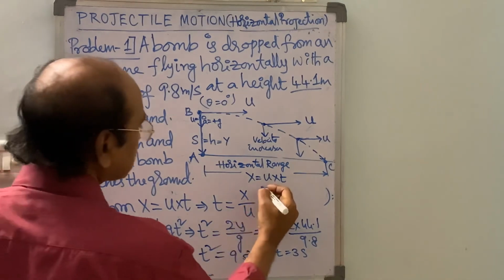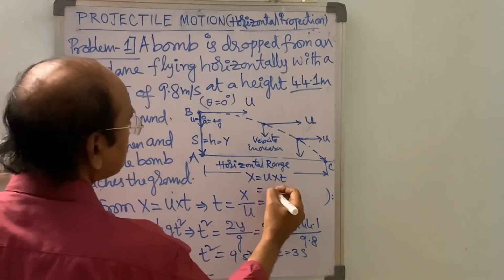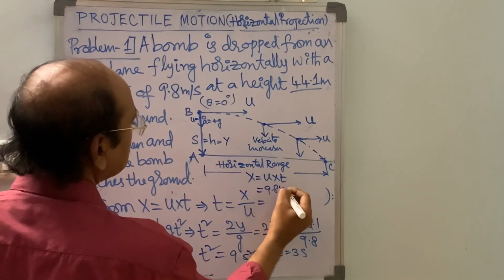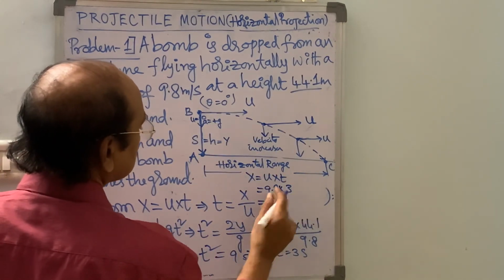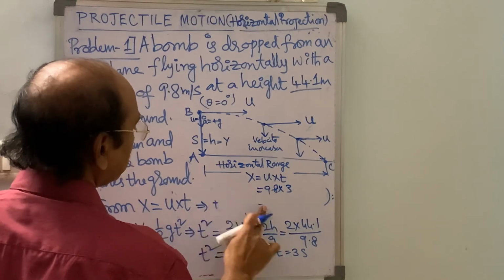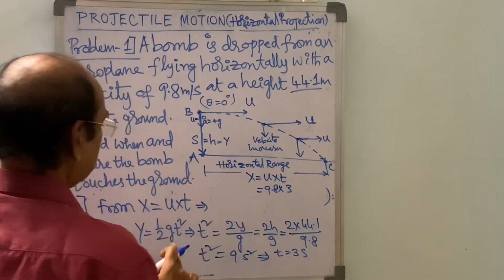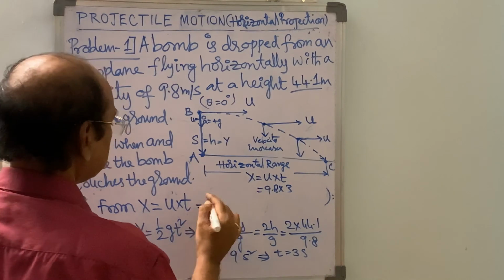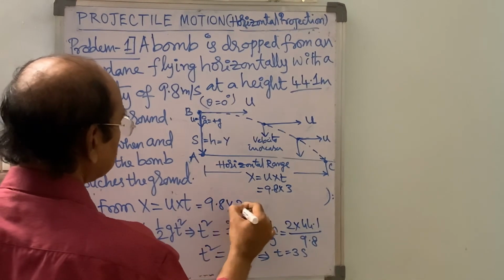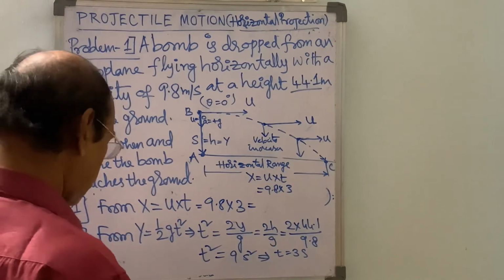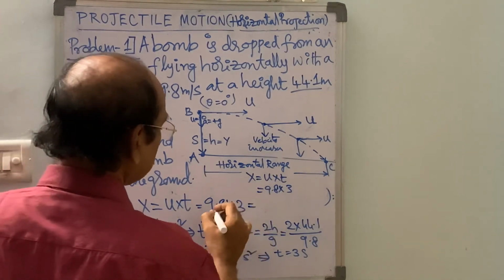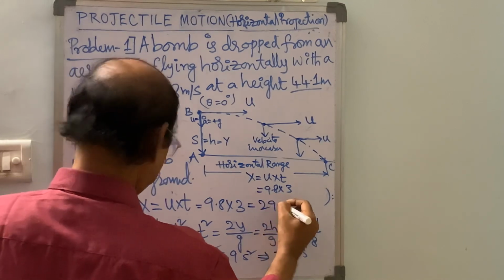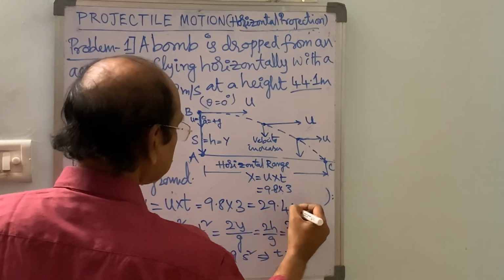In these 3 seconds, it travels a distance of u value 9.8 into 3 seconds. So x = 29.4 meters.